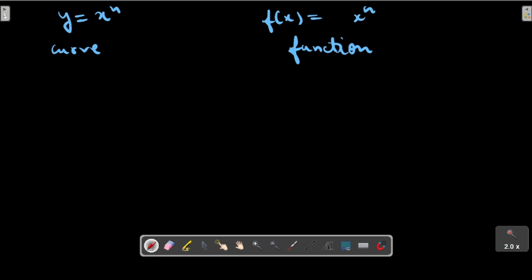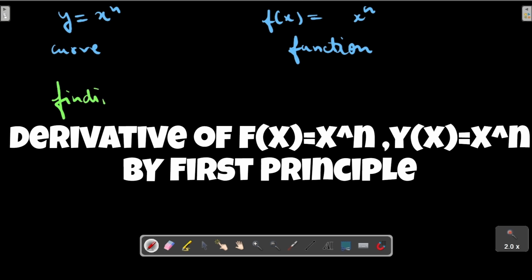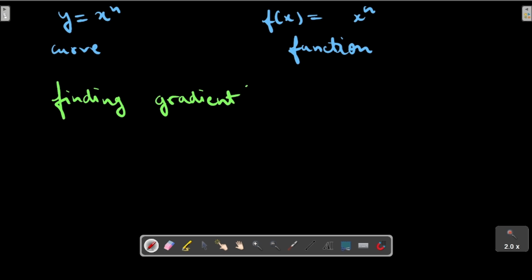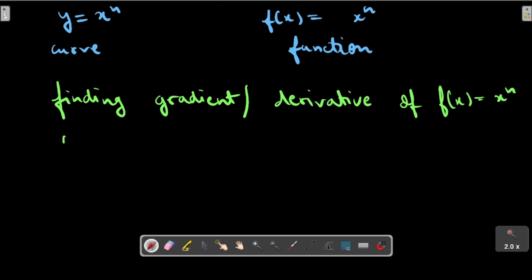Let's look at finding the gradient, or derivative, of f of x, x to the power of n, by first principle.